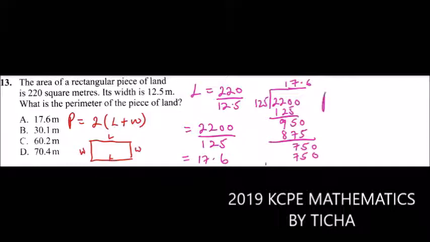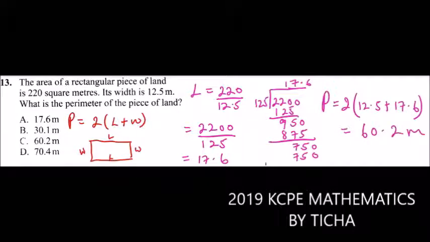Perimeter is equal to 2 multiplied by 12.5 plus 17.6. When you add these two and multiply by 2, you will get 60.2 meters.